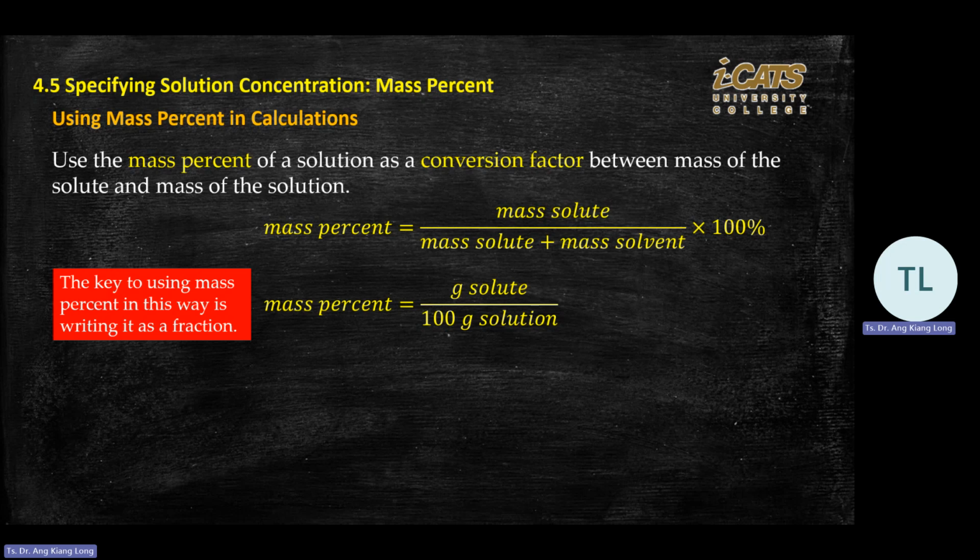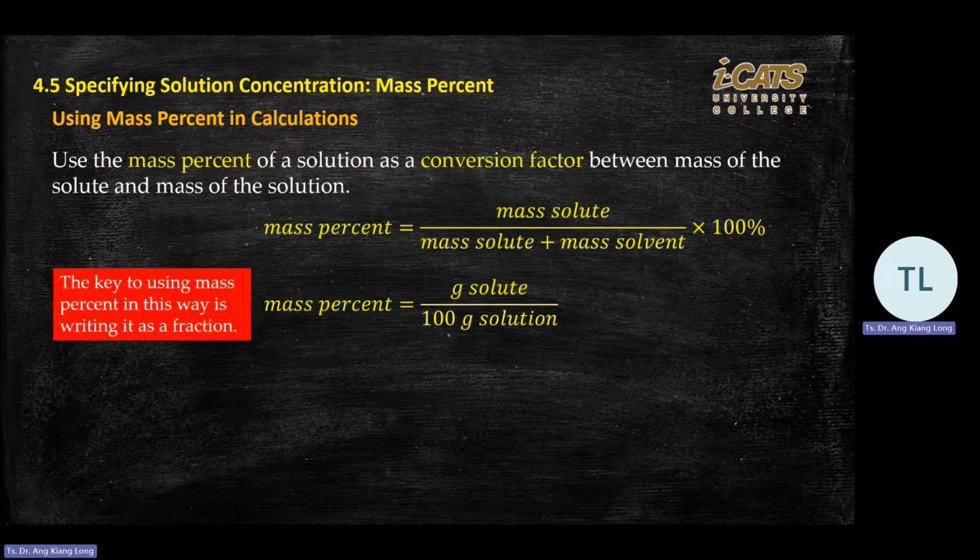The first equation that we covered last week is the mass percentage: mass percentage equals the mass of solute, divided by the mass of solute plus the mass of solvent, multiplied by 100%. This is the equation that we covered.